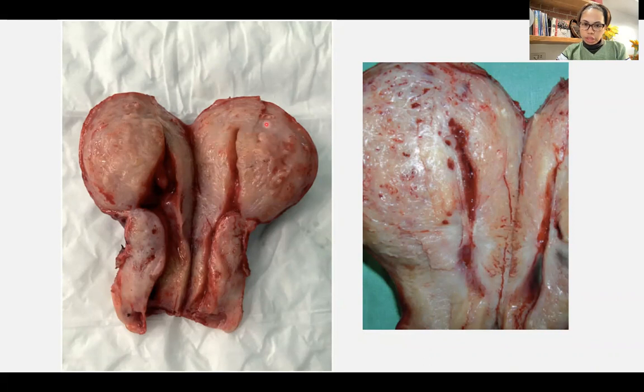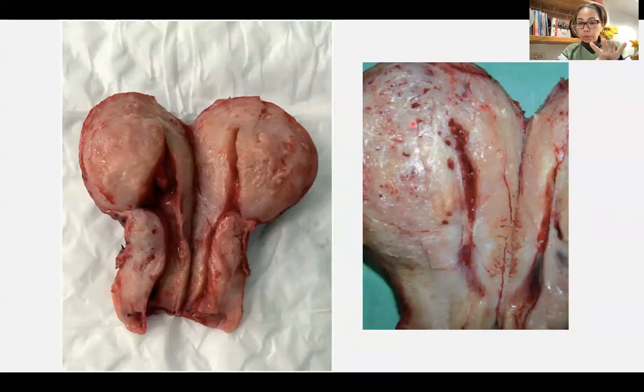It's spongy. Grossly, we look at the endometrial glands and stroma as a spongy appearance. There can be hemorrhagic areas, cystic spaces, and blood within the cystic spaces, also a very common gross finding in adenomyosis.